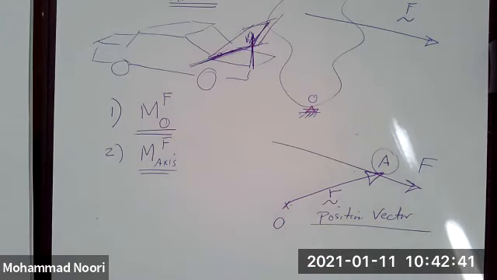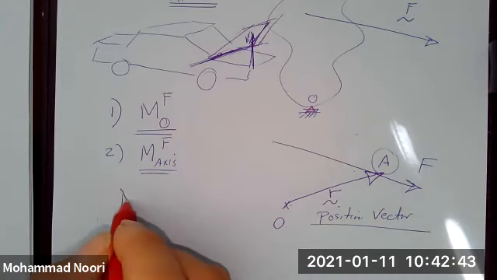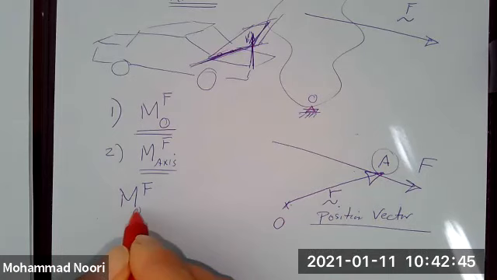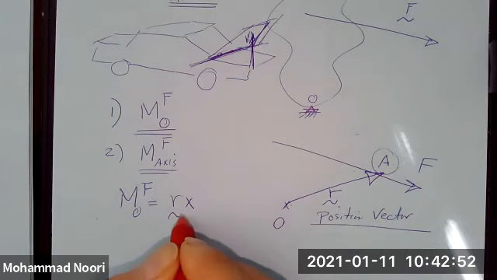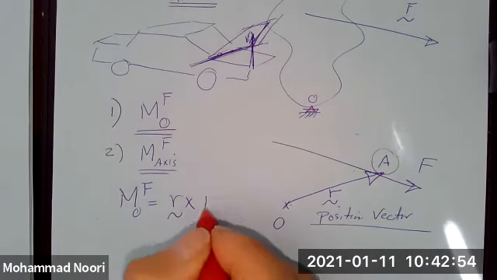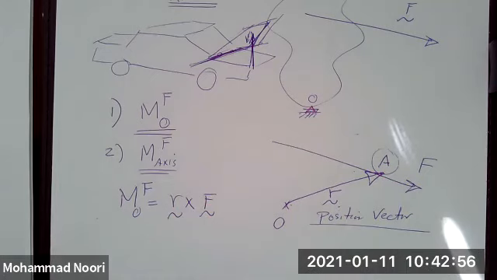Once you obtain this position vector, the moment of this force about point O can be defined by the cross product of this position vector and the force.